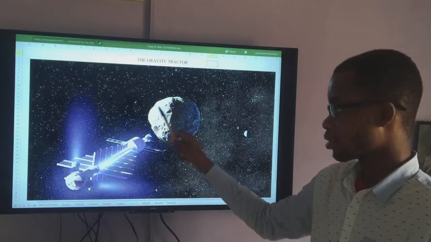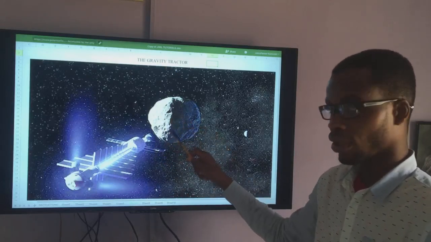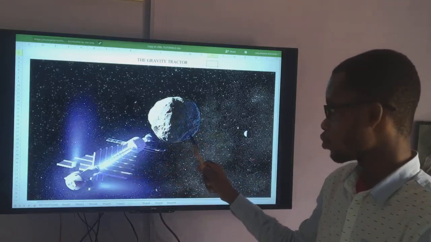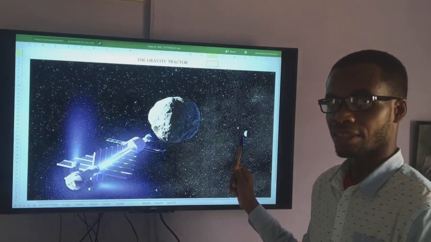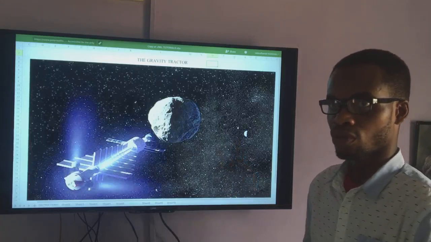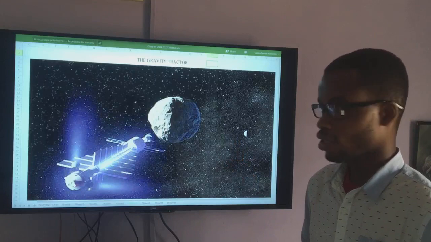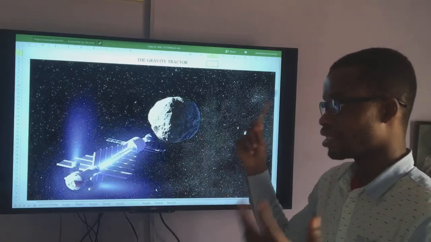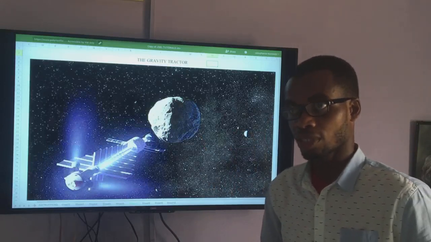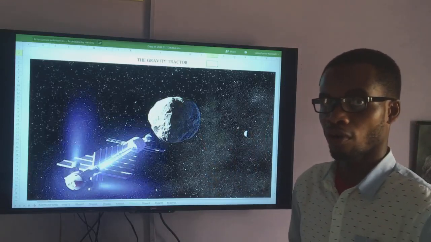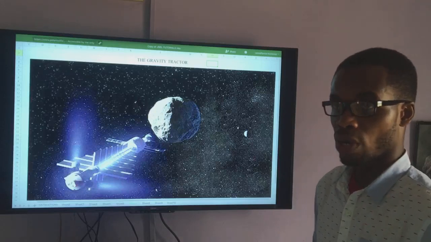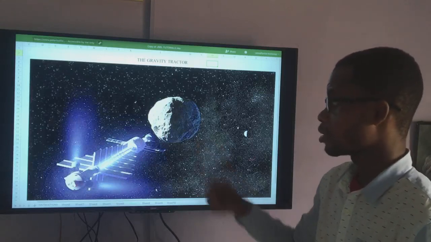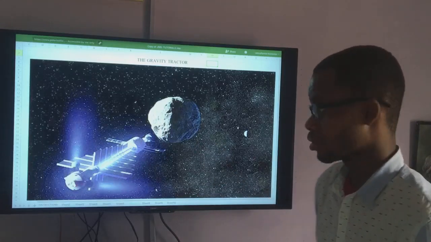When that happens, the asteroid will slow down, and it could possibly be deflected or change its course, so it will not hit the earth but rather move in a different direction. That is what the gravity tractor does. So if they detect that an asteroid is about to hit the surface of the earth, this is one of the key methods that can be used to deal with that particular asteroid. So that is the first.